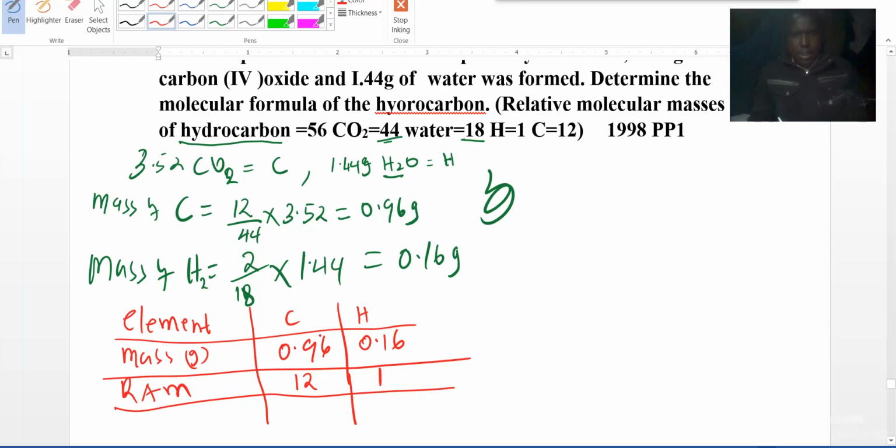And then next is moles. Moles here, you divide, and this one is going to be 0.08, and this one is going to be 0.16.